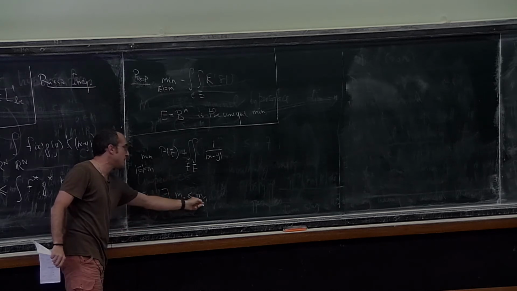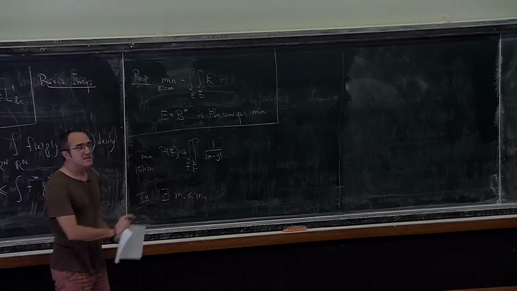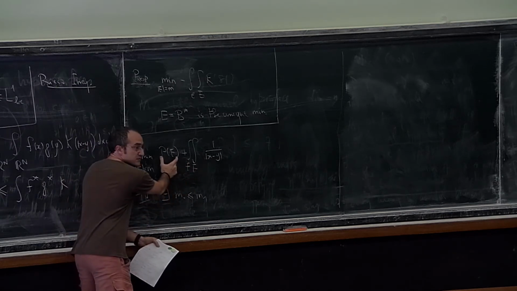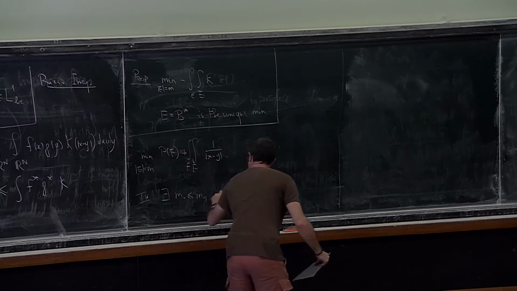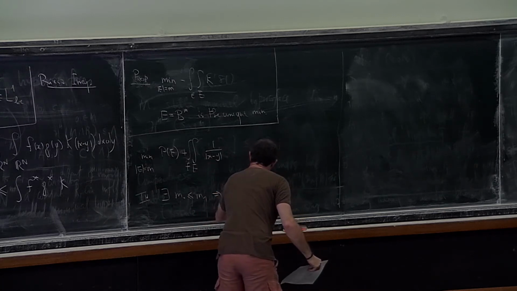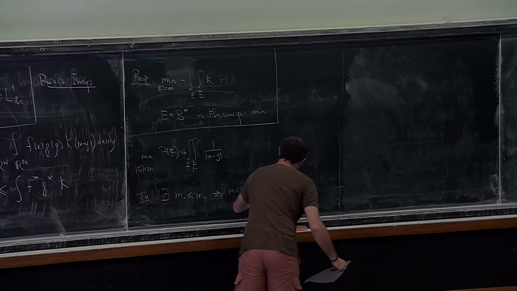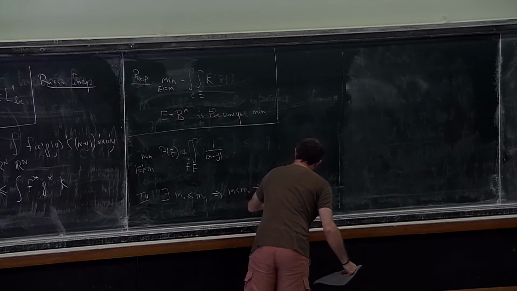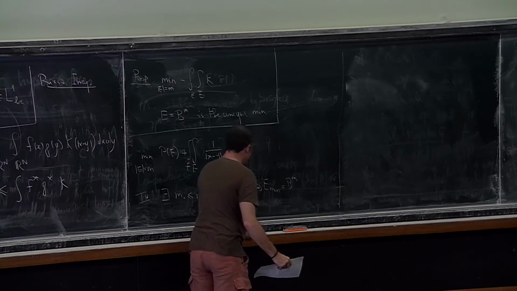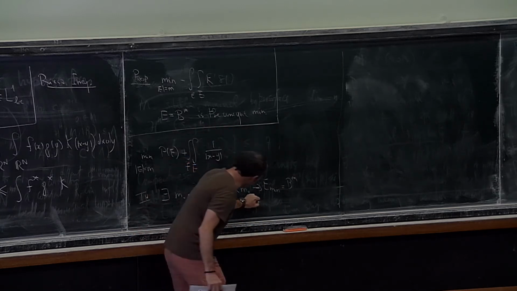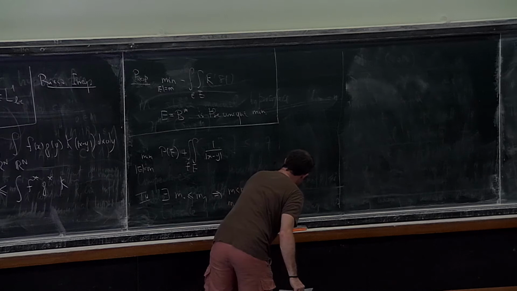Below a certain threshold, this requires some more careful isoperimetric-type estimates. If m is less than m0, then the minimizer is a ball of volume m. And if m is greater than m1, then the minimizer does not exist.